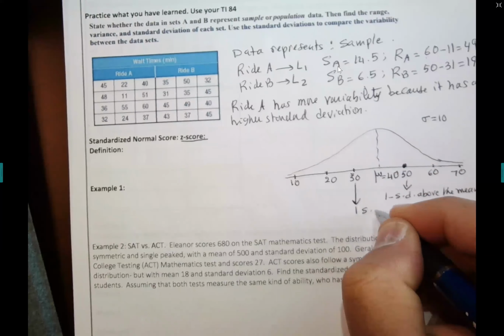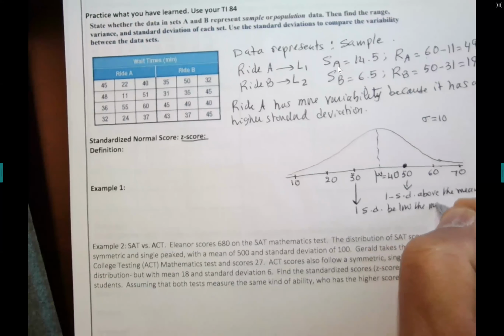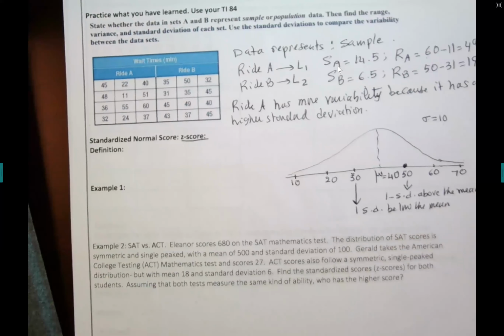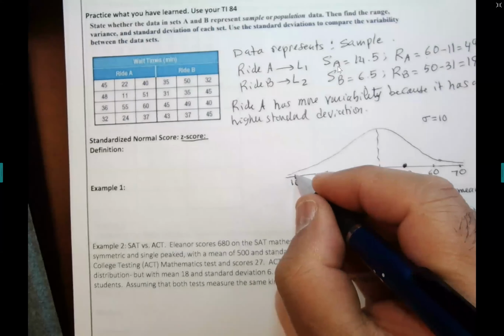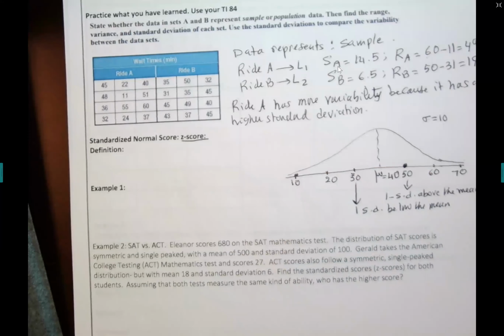One standard deviation below the mean. I'm gonna take 10 here. What's the difference between 10 and 40, guys? We always compare to the mean. If we know what the mean is, we always compare to the mean.